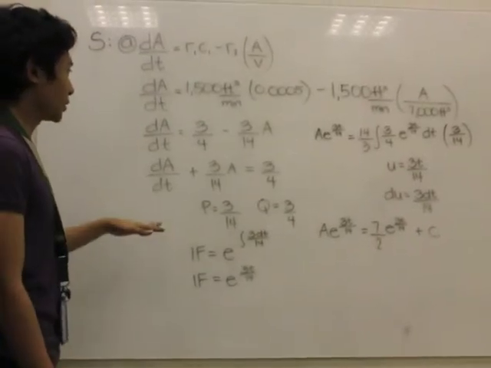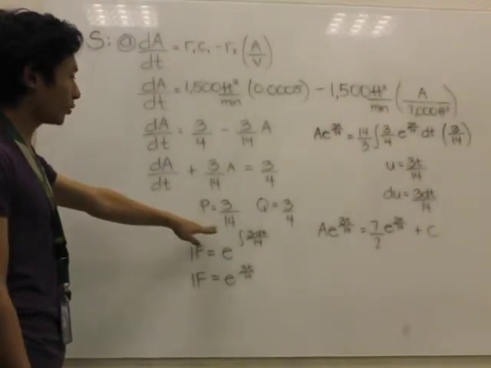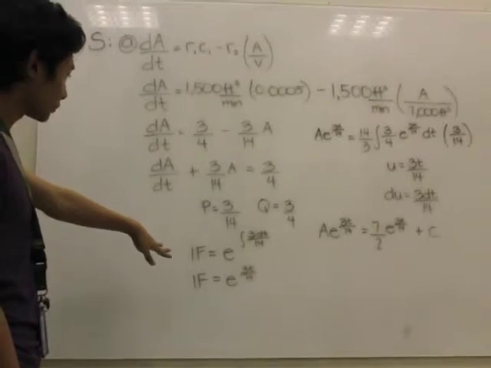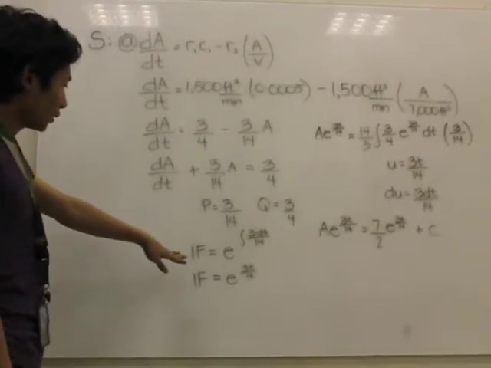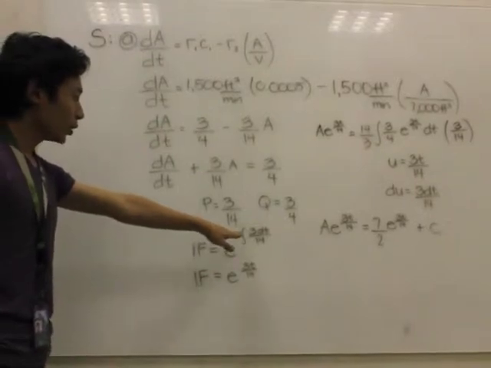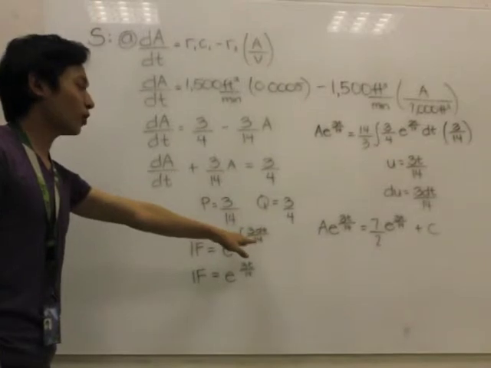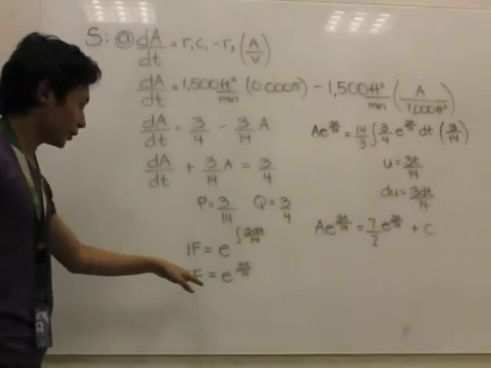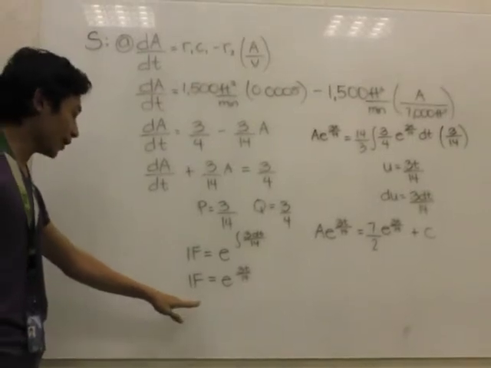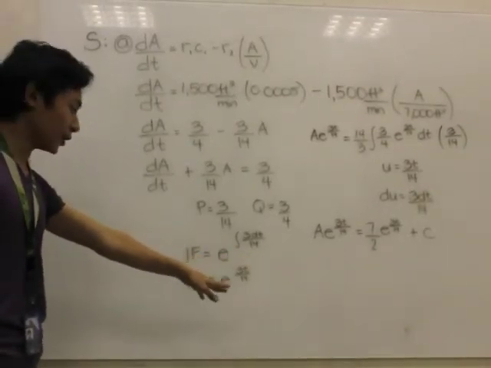This will give us P and Q, which are 3 over 14 and 3 over 4. And the integrating factor is e raised to the integral of 3 dt over 14, and integrating this, the integrating factor equals e raised to 3t over 14.